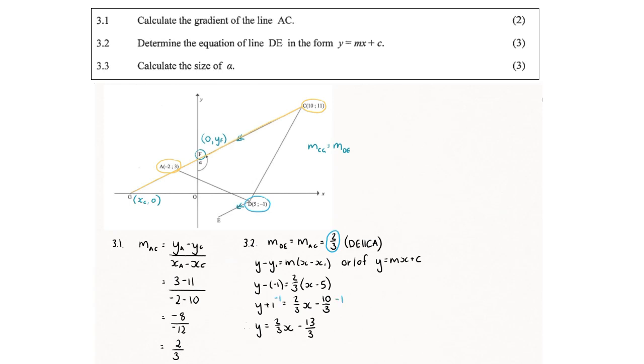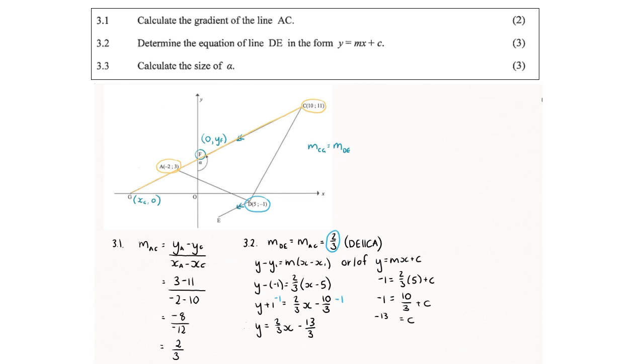If we use the second formula, y equals mx plus c, we put the coordinates of D into the equation together with the gradient m, and that gives us that -1 is equal to 2/3 times 5 plus c. And if we solve for c, we get that c's value is -13 over 3.